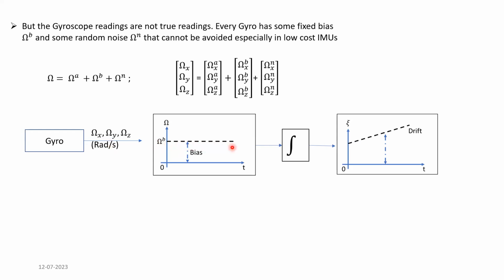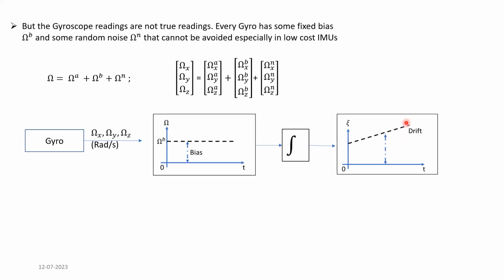So if you integrate to get the attitude, the roll and pitch, the integration of a constant becomes a drift. It depends on time, drifting over a period of time. Even though you keep your sensor on the ground without touching it, it shows some orientation variation in roll or pitch, a non-zero value.